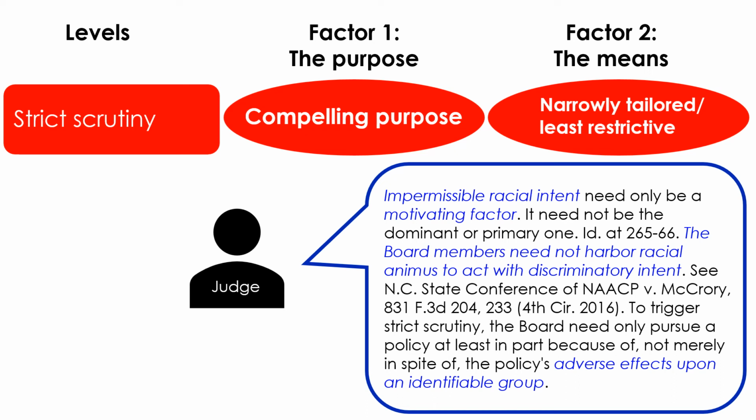To trigger strict scrutiny, the board need only pursue a policy at least in part because of, not merely in spite of, the policy's adverse effects upon an identifiable group. The district judge concluded that the school board's policy did not satisfy strict scrutiny. This means, according to the district judge, the new admission policy was unconstitutional.